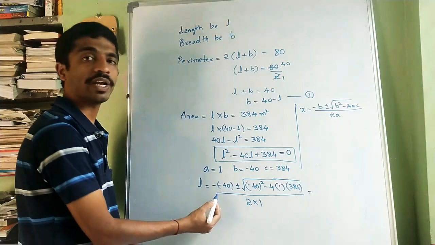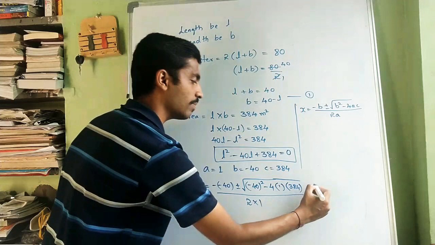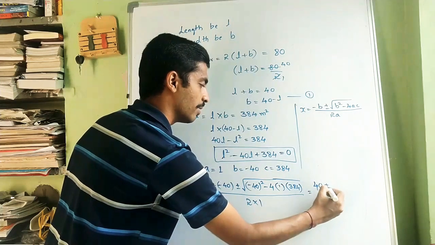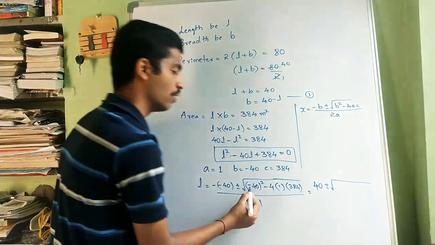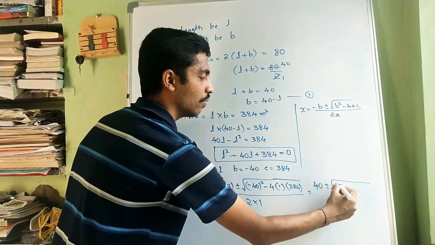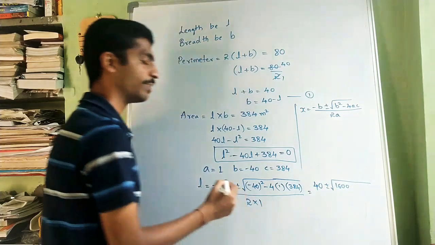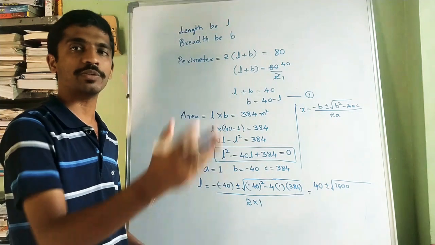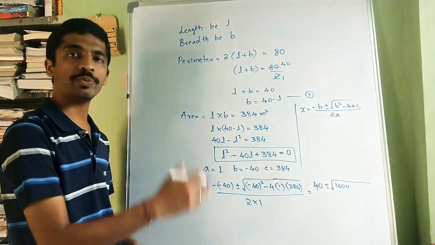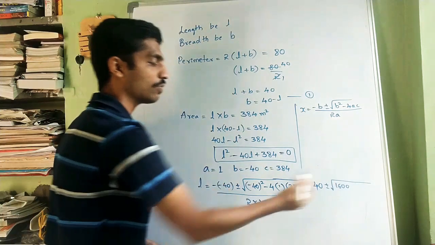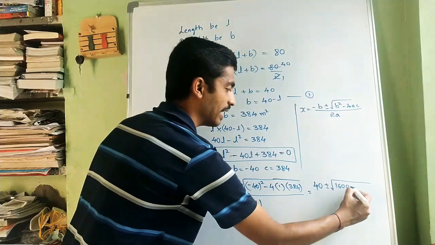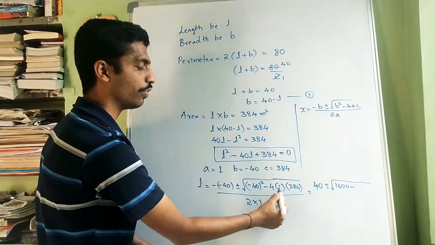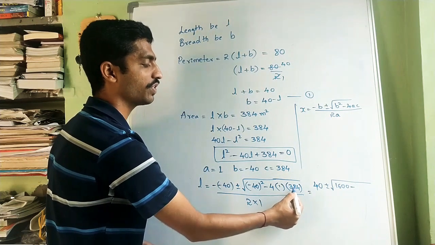Minus into minus plus, so it becomes 40 plus or minus root of 40 square, that is 1600. If you multiply minus 40 into minus 40, minus into minus it becomes plus, so we will get here 1600 minus, see here 4 into 1 is 4 and multiply with 384.